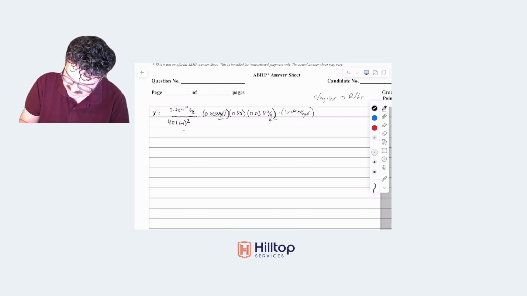Let's get our mass absorption coefficient in the correct units. So let's get that in meters squared. We know that for 1 meter squared, we'll have 100 centimeters squared. And we want to get grams into kilograms. So we know that there are 1,000 grams per kilogram.